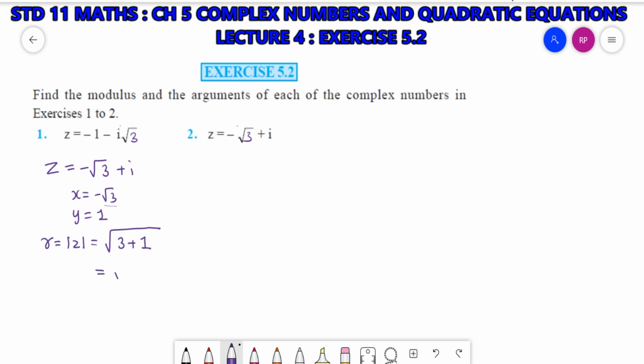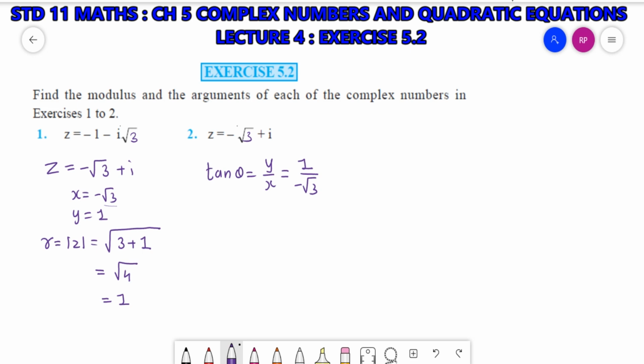So this will be equal to again root 4, and that is equal to 2. Now for argument, tan theta is equal to y by x. What is y? 1. x is minus root 3. So the value is minus 1 by root 3.